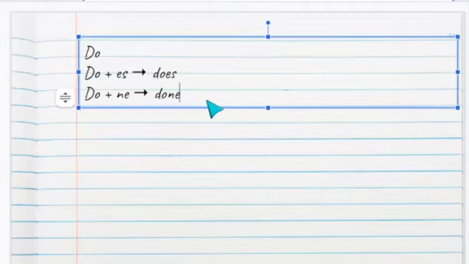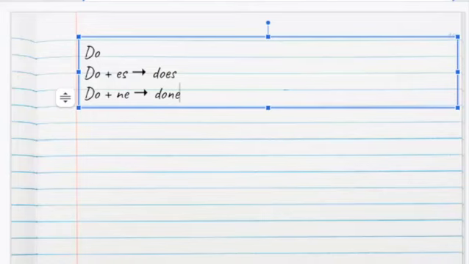There's other words where it's used. Just trust me on this. We're not getting down that rabbit hole today. So it's do plus NE is rewritten as done, done. If I said do plus NE is rewritten as done, again, you're creating confusion.